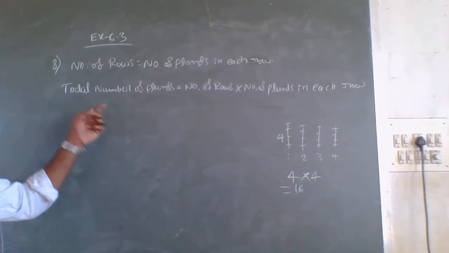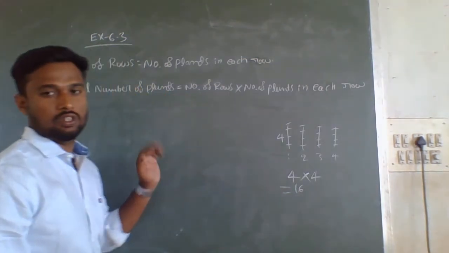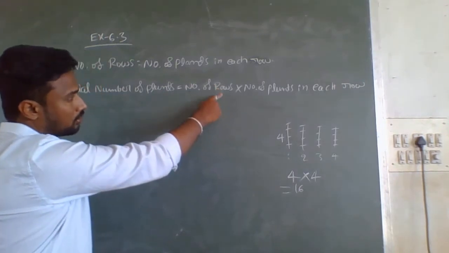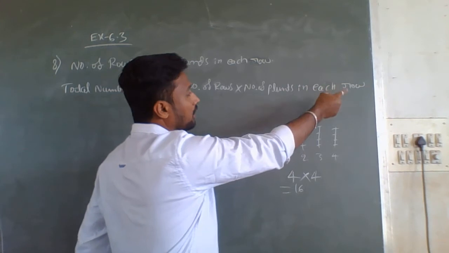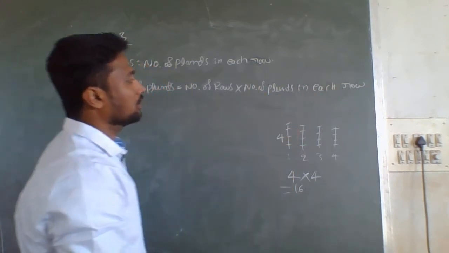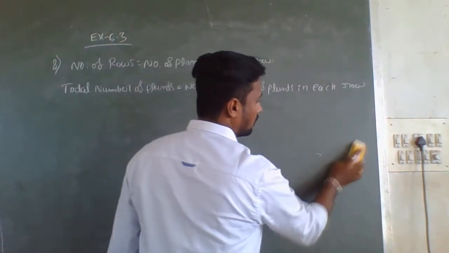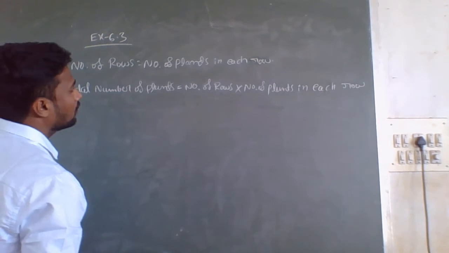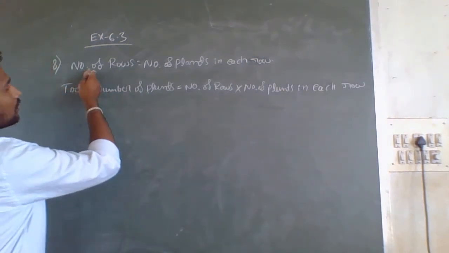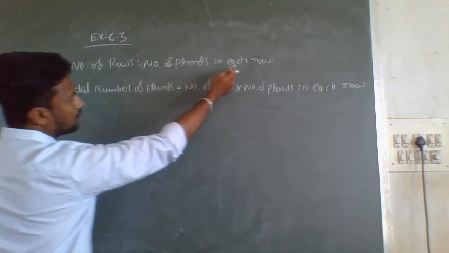So like this, we have written the total number of plants equals the number of rows into the number of plants in each row. But we know that the number of rows equals the number of plants in each row.